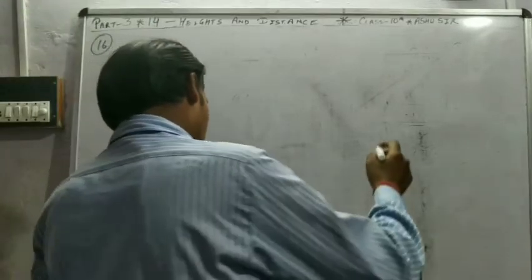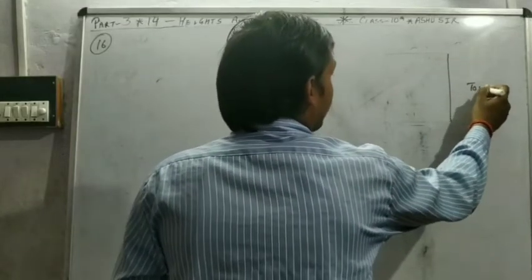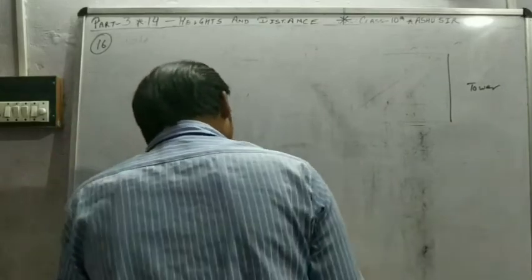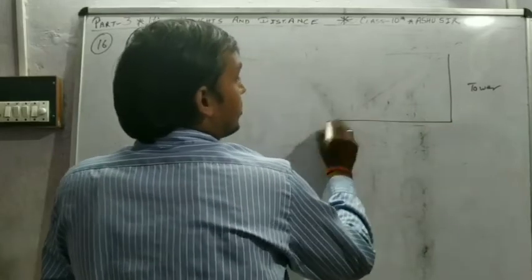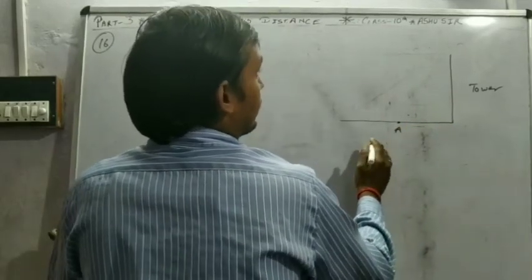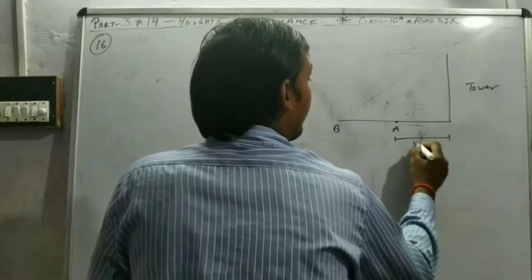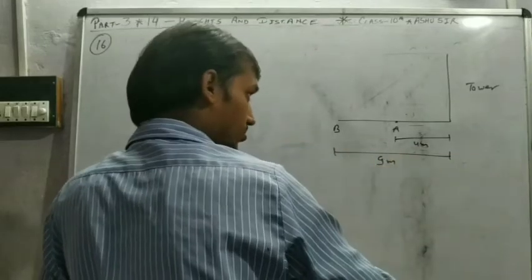So the angle of elevation of the top of the tower, that's a tower, from 2 points at distances of 4 meter and 9 meter from the base of the tower, means from the base, 2 points, A point and B point, 4 meter from the base, 9 meter from the base.